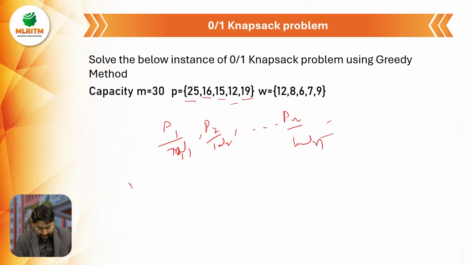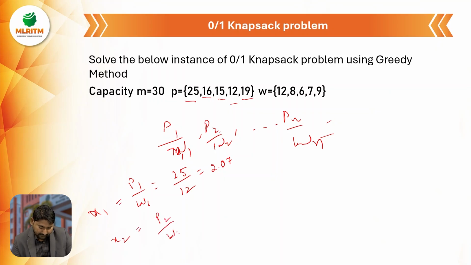First, P1 by W1 equals 25 by 12, which equals 2.07. Next, for x2, P2 by W2 equals 16 by 8, which equals 2.